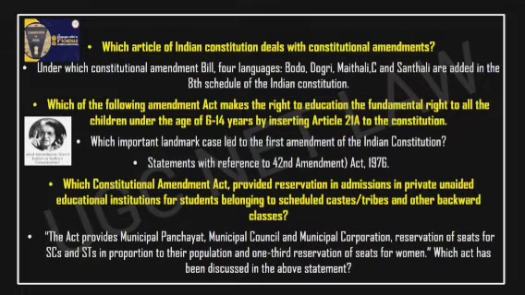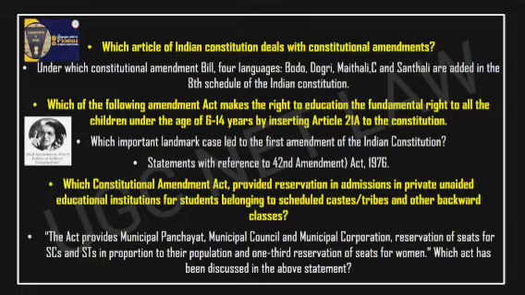Now a statement with reference to the 42nd Amendment Act 1976. If this type of question comes, there may be 3 to 4 options, sentence-wise, like this amendment in 74 so and so, this amendment in 23rd so and so. So for this question the answer is: the 42nd Amendment Act 1976 authorized the president to proclaim an emergency in any part of the country.